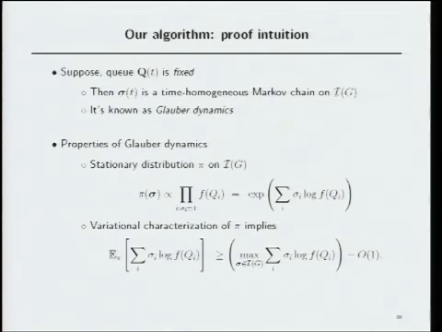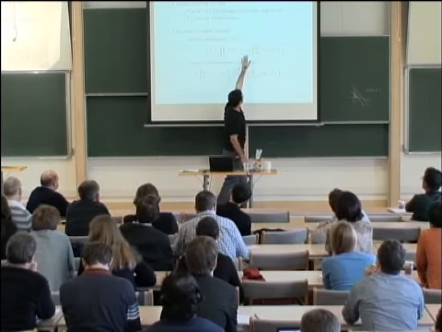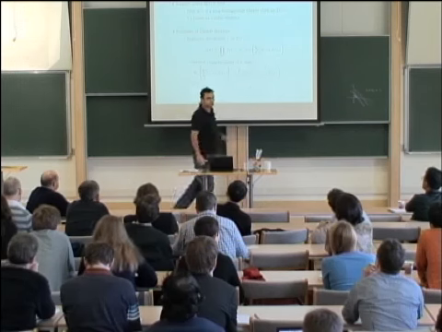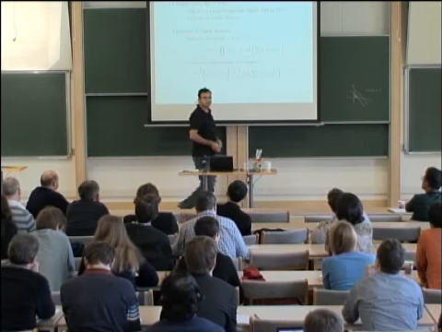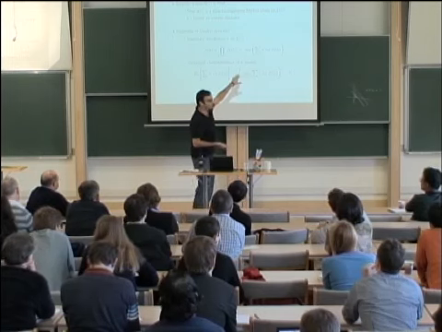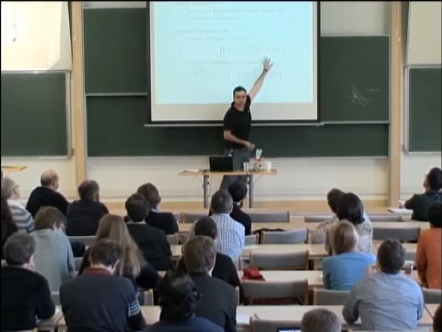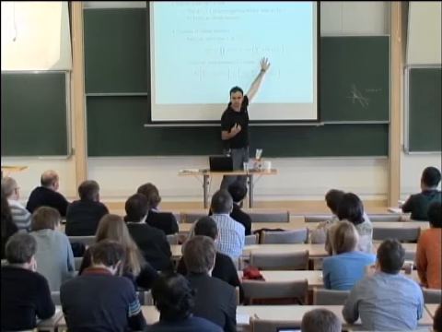As per the stationary distribution, the probability of choosing a certain independent set or schedule is proportional to the exponential of this quantity, where I look at one particular schedule and define its weight as the sum of the logs of its queue sizes that are part of this schedule.